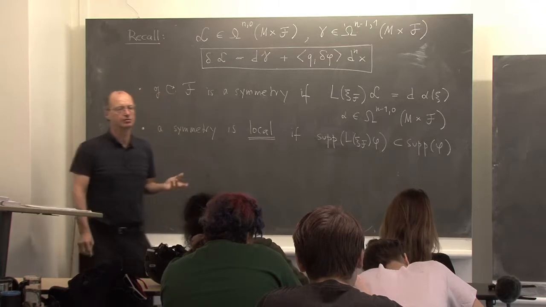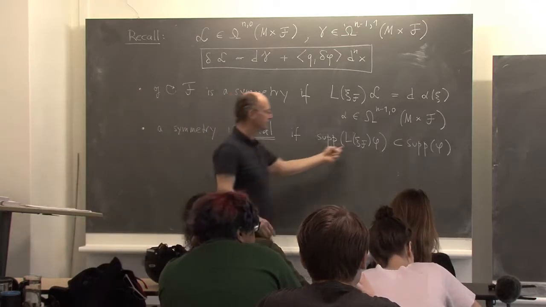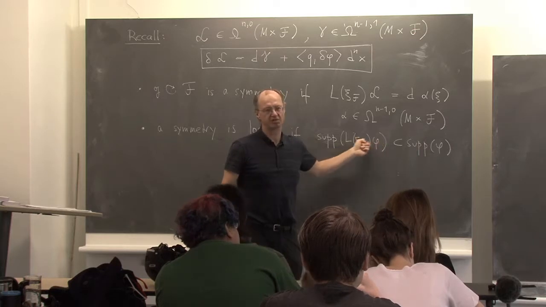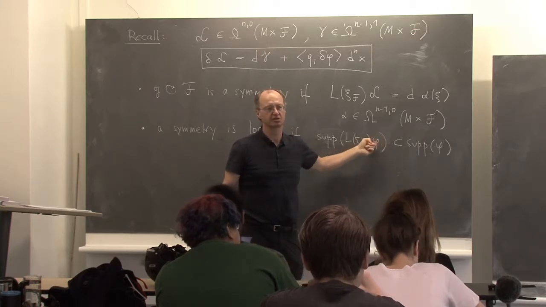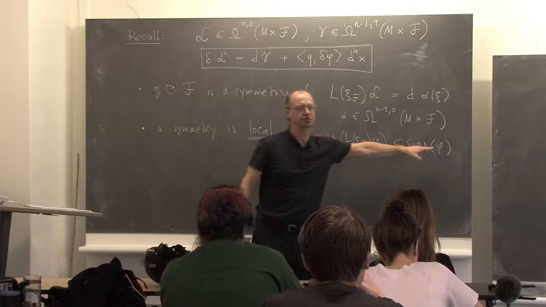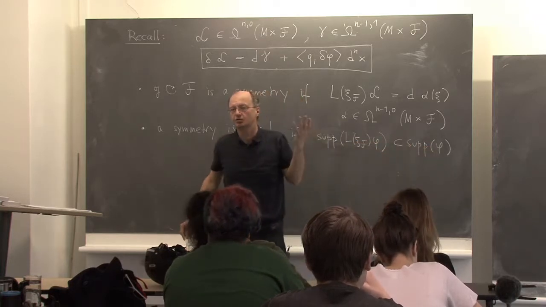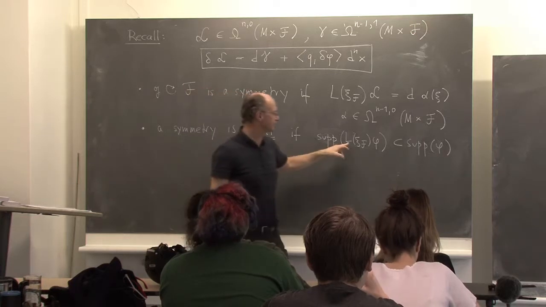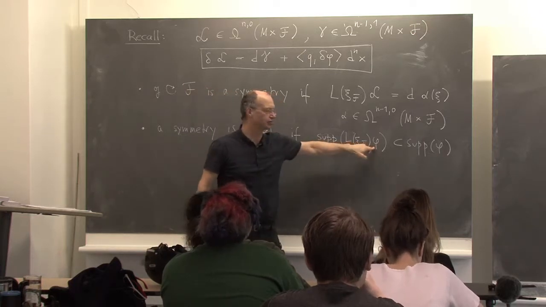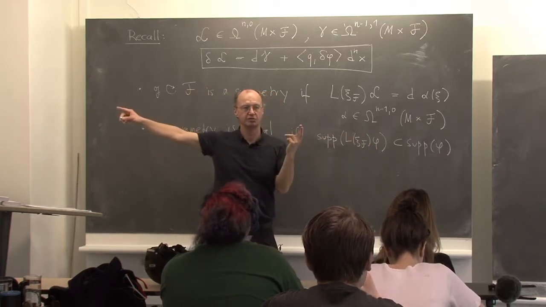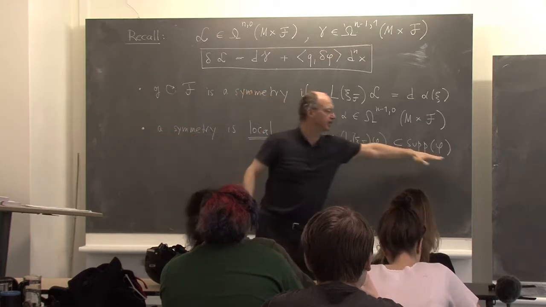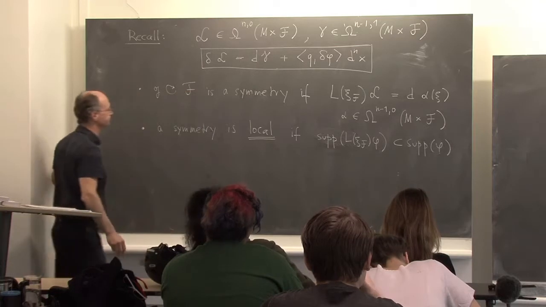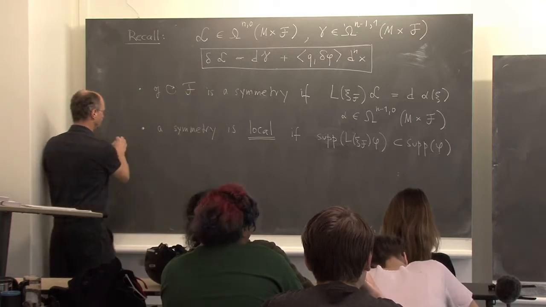Essentially, we'll see that typically those vector fields act by some kind of derivatives on φ, and of course derivatives don't change support. But in general, you can imagine some non-local actions where, for instance, this would depend on φ at a very different point. That would violate this property, and that's probably not good for us. OK.